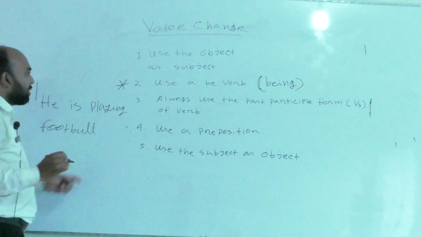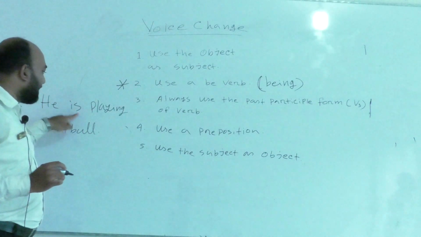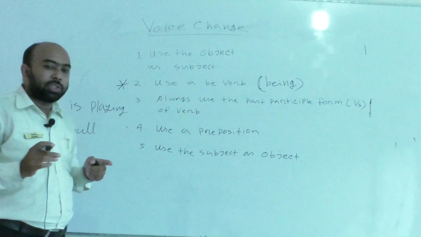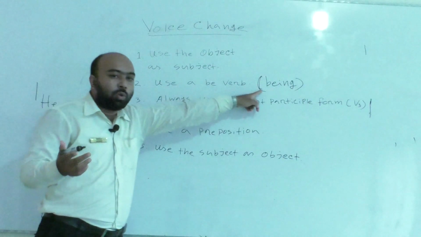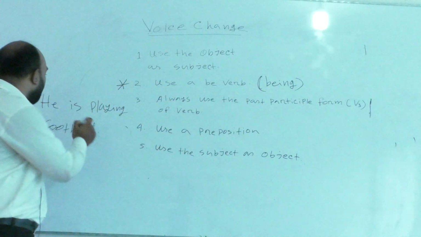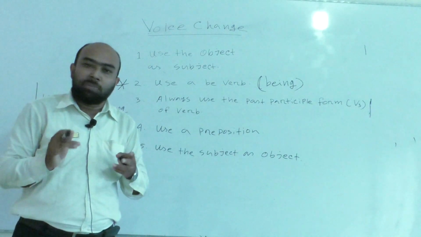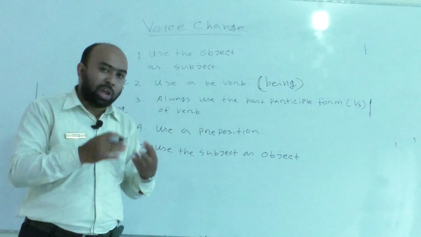So at first, regarding the be verb, since this is a sentence of present continuous tense, we should not take the be verb from the next tense. Rather we will use being with its own be verb. So what are the auxiliary verbs of present continuous? Am, is, are. So I should write am being, is being, or are being.